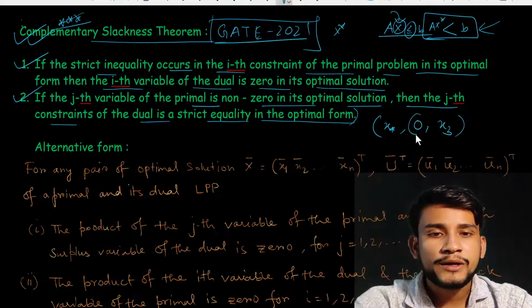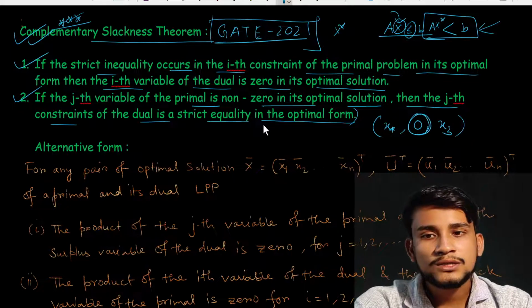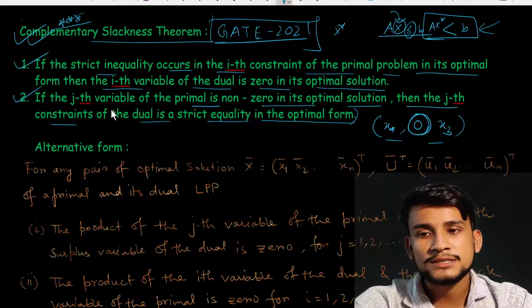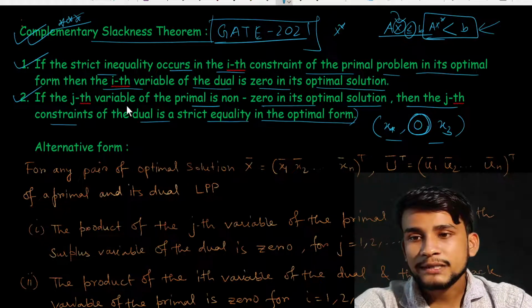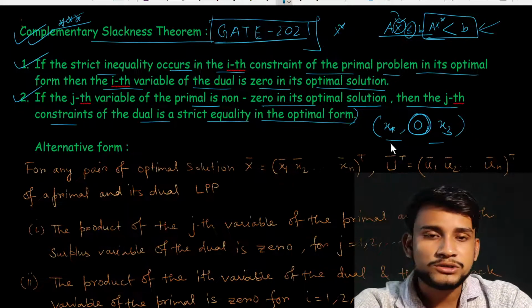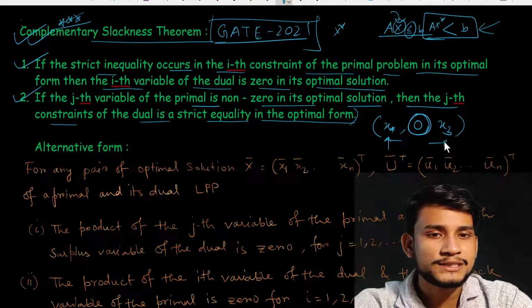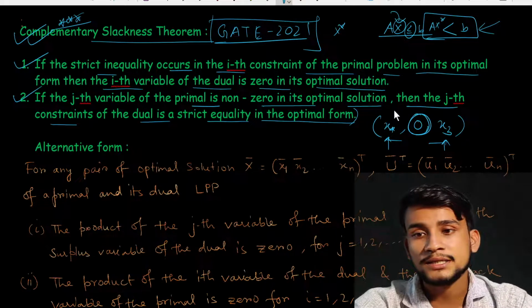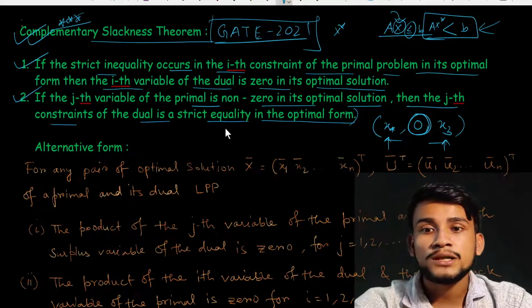Here x2 is 0 and these 2 are the non-zero decision variables of the primal. So if x1 and x3 are non-zero in the optimal solution of the primal, then the jth constraint in the dual is a strict equation.